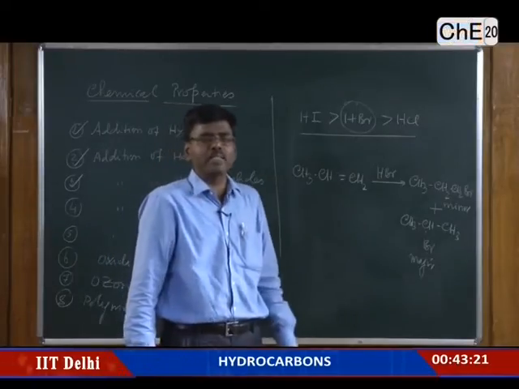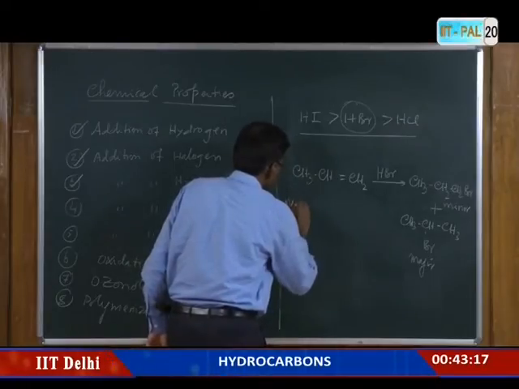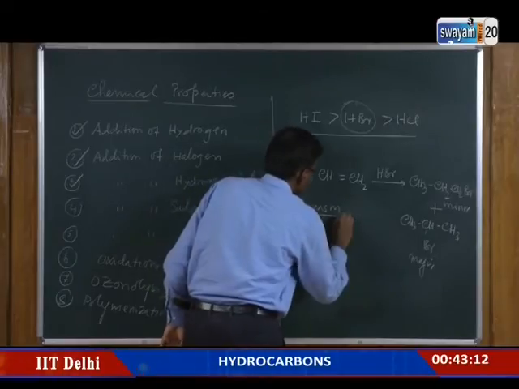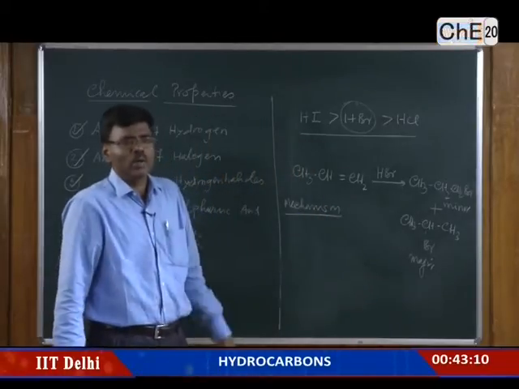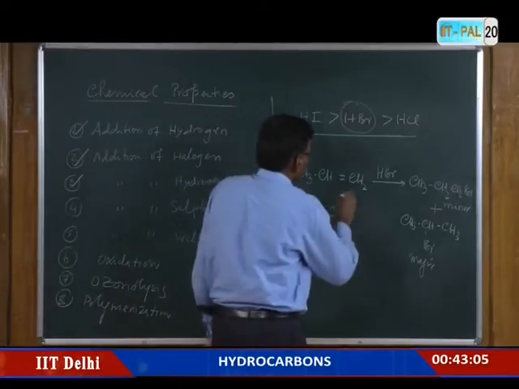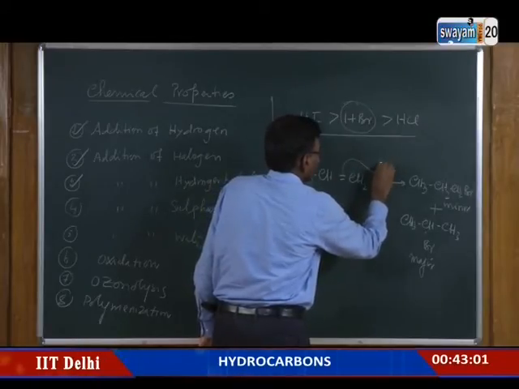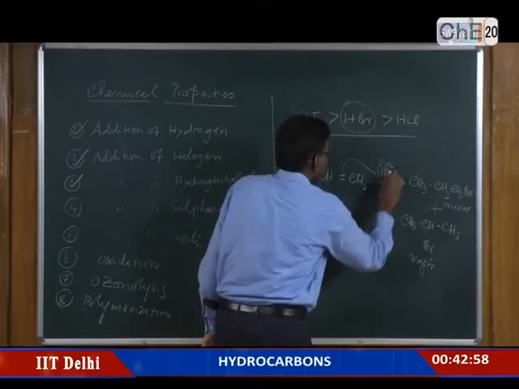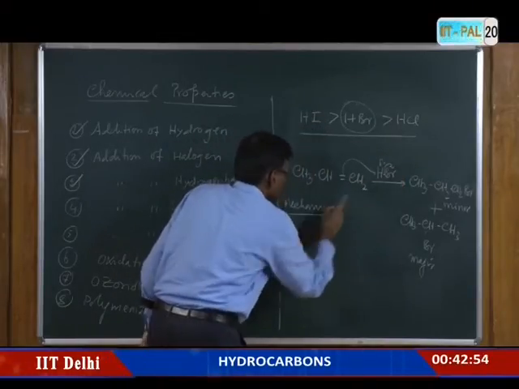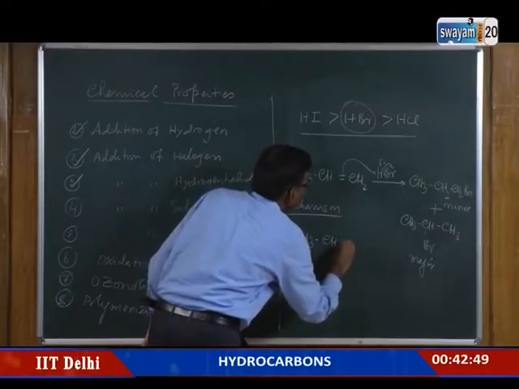So, let us see the mechanism of the reaction so we can understand. I mentioned this is an example of electrophilic addition reaction. So, the alkene reacts with this HBr to generate the carbocation intermediate.